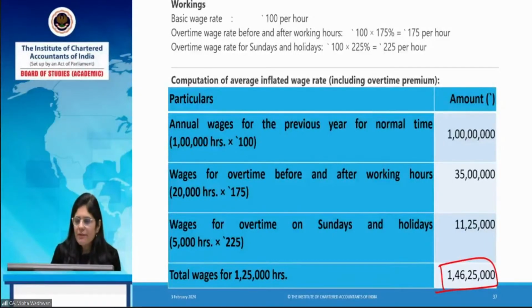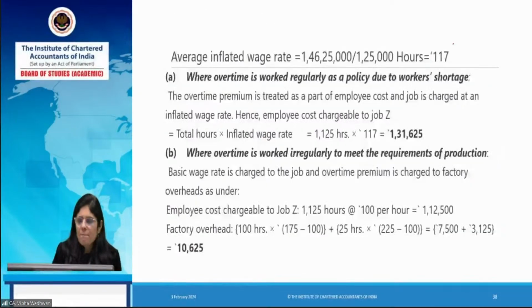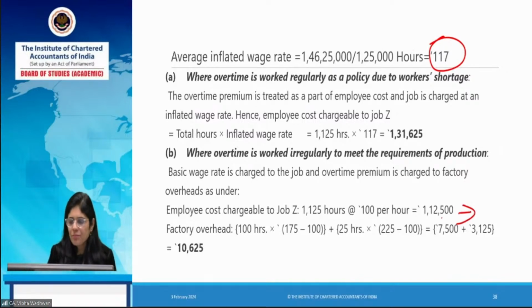See here, 175 and 225. Inflated wage rate we have calculated. See, 1125 hours into 100 is the normal time which will be charged. And overhead will only be the overtime part, 75 and 125. That you need to understand.